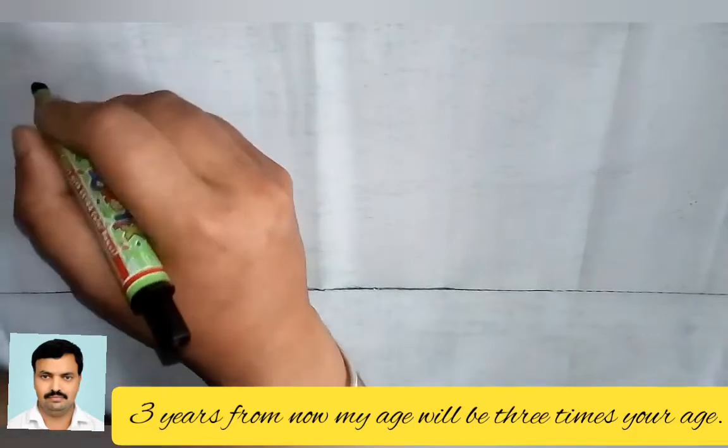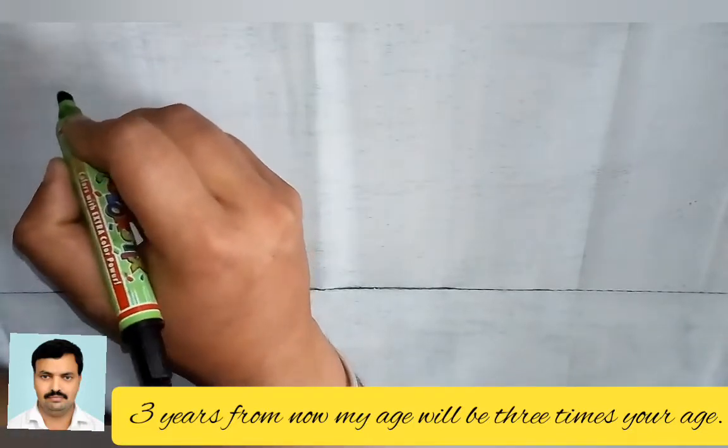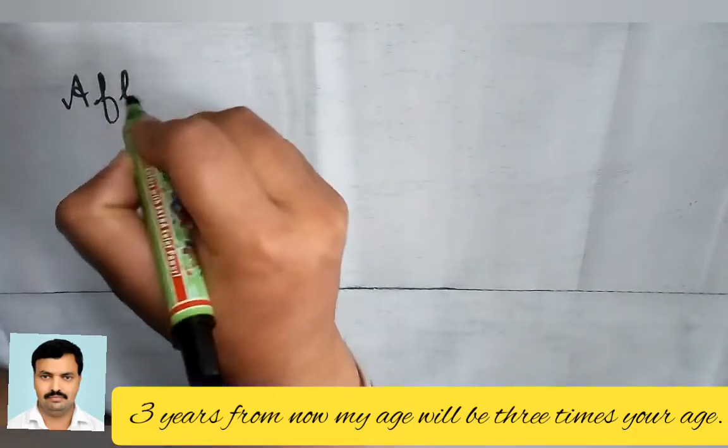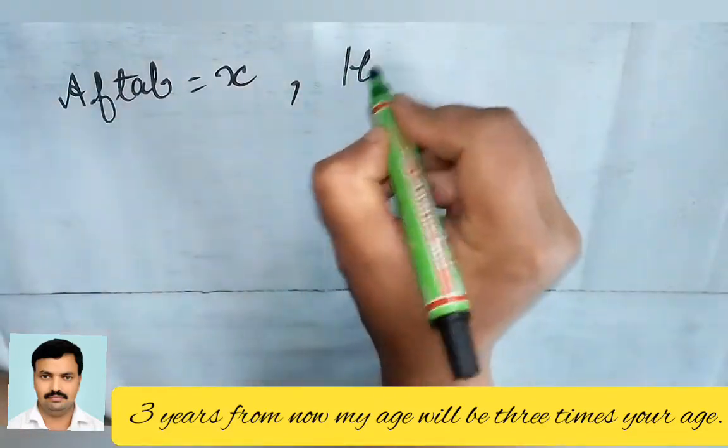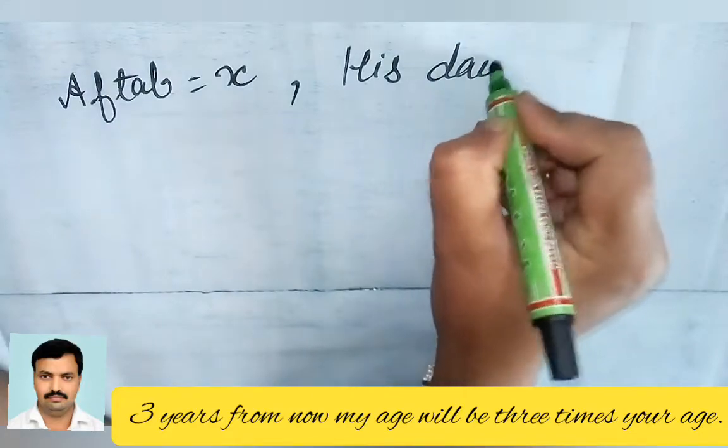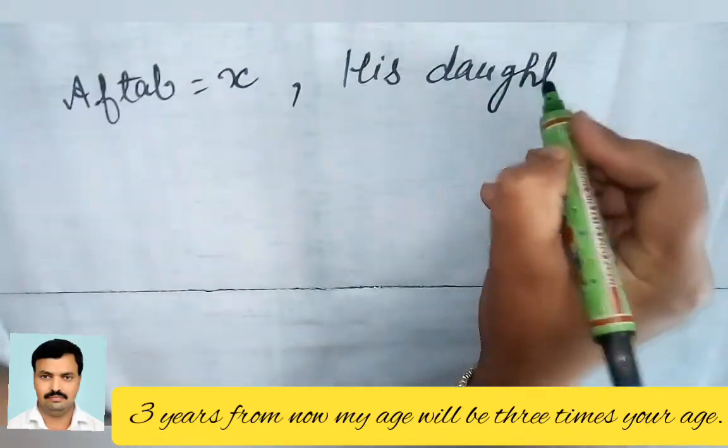Let us see for the second condition. He said 3 years from now. We took Aftab's age equals to x and his daughter equals to y.